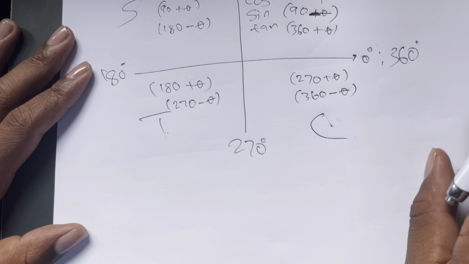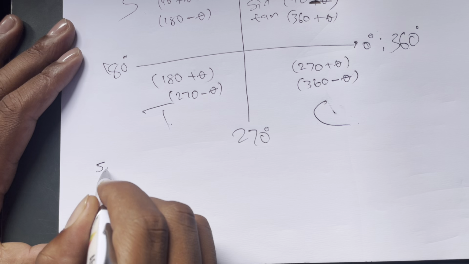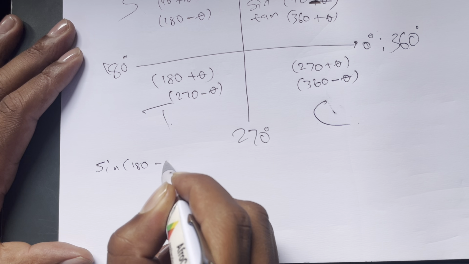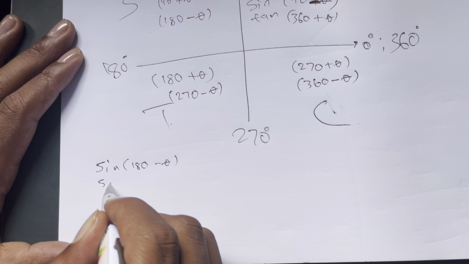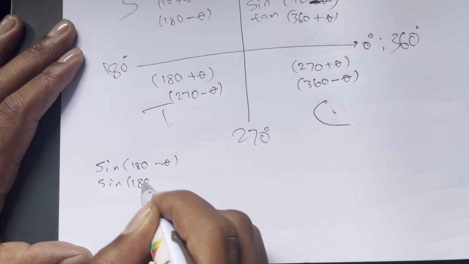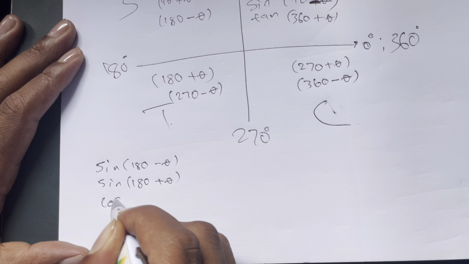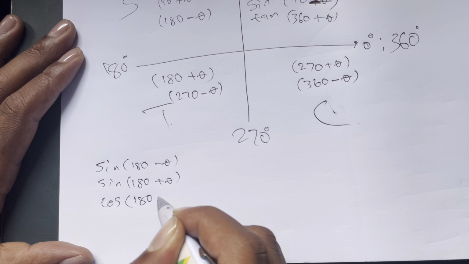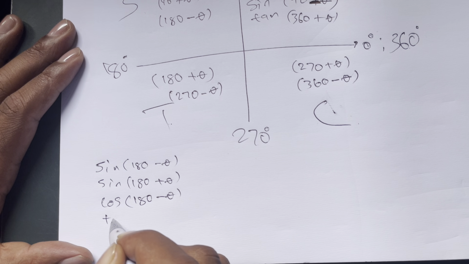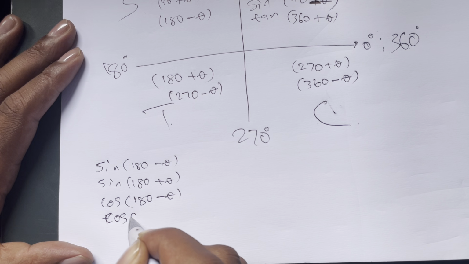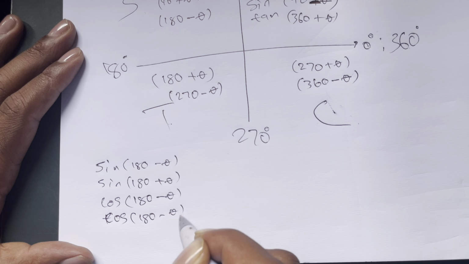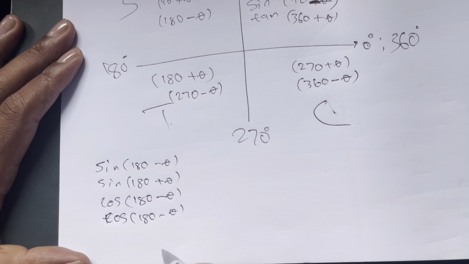Right, so now we say sine into 180 minus theta, sine into 180 plus theta, cos into 180 minus theta, cos into 180 plus theta, and tan into 180 minus theta, tan into 180 plus theta.